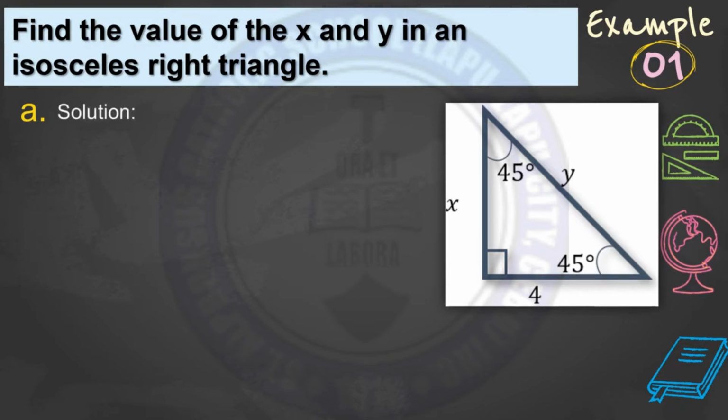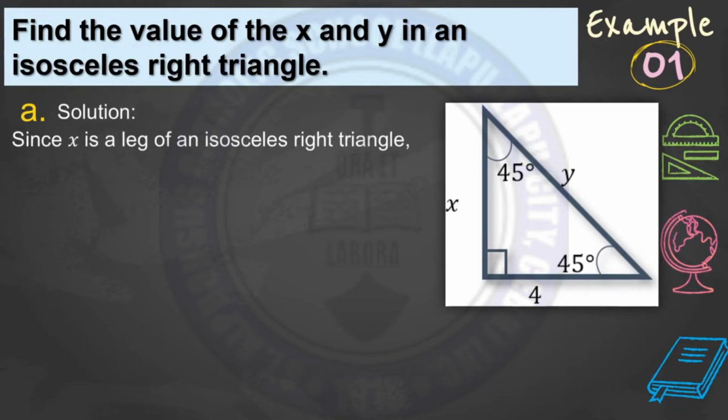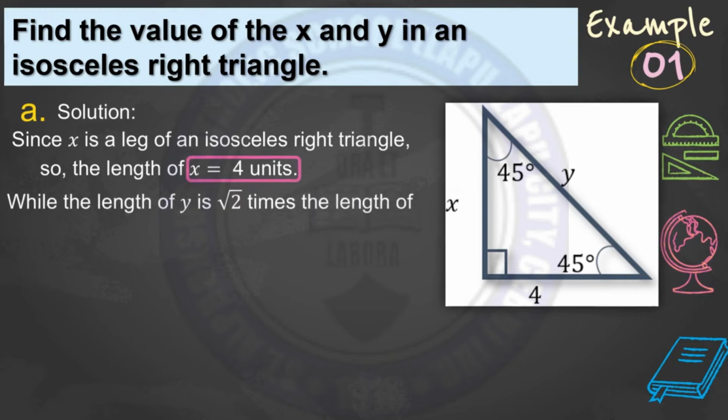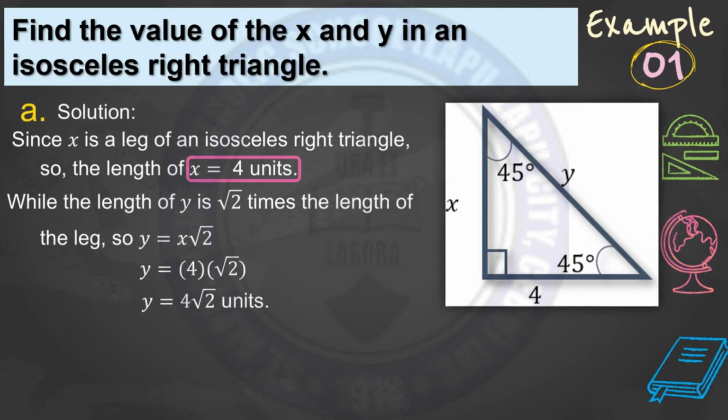For the solution, since x is the leg of an isosceles triangle, the length of x is equal to 4 units, while the length of y is square root of 2 times the length of the leg, so y is equal to x square root of 2. Since x is 4, y is equal to 4 square root of 2 units.